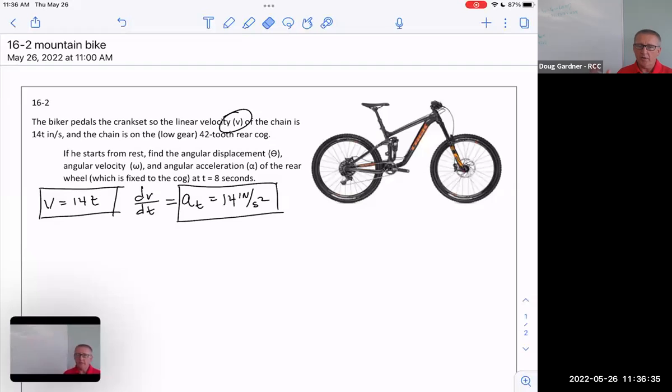So at 8 seconds, where's the wheel right now? Think of it as the valve stem that you put the air in. Where's that at 8 seconds? And how fast are you going angularly at 8 seconds? And what's the acceleration at 8 seconds? So I had to pick a time. There has to be a snapshot in time to answer all those questions. Well, let's see if we can use all those formulas to put all that together.